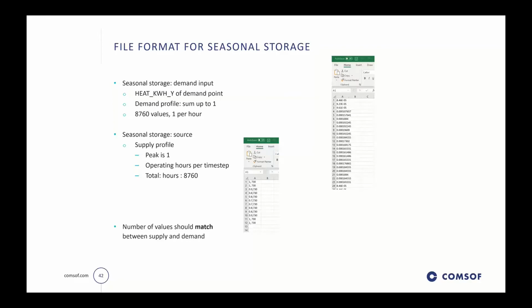For the seasonal, we require 8,760 values, one per hour, or you can make it simpler than that. You can specify, for example, as you see, one value per month, and then you indicate the number of hours per month. That works as well. Anyway, that will also be documented in a manual, how to enter the values for these profiles.